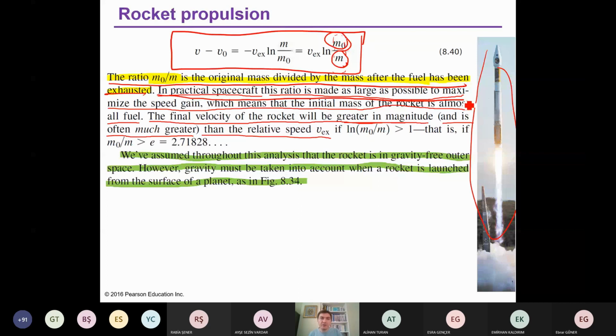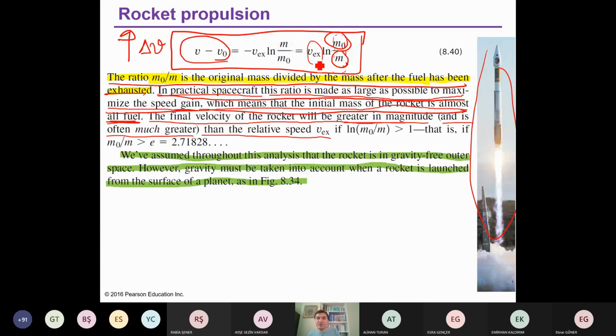So you would like to produce huge change in the velocity of the rocket. You would like to reach the high speeds. In order to get very high speeds, then you should have very high exhaust velocity and you should have very high value of this term. So what is the meaning of them? You should have this type of relation.